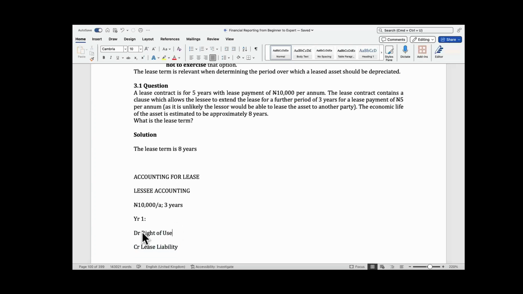What do you mean by right of use? Okay, so there's a transfer of the asset from the lessor to the lessee. Automatically, the lessee has that obligation to be responding on yearly basis the amount that is agreed on as per the agreed contract.